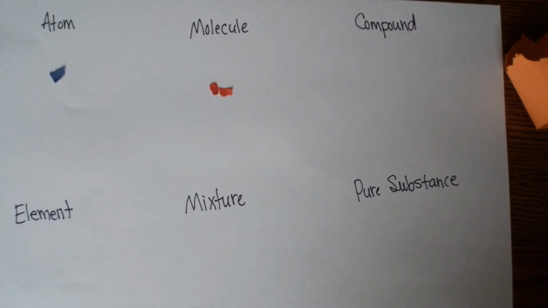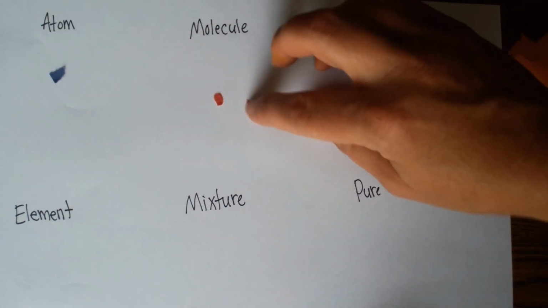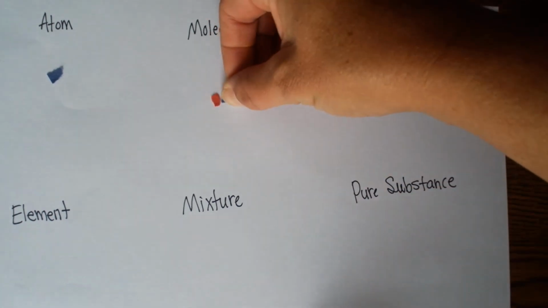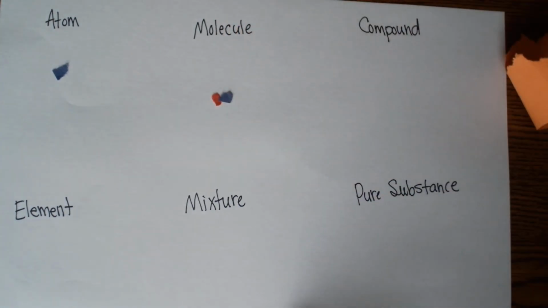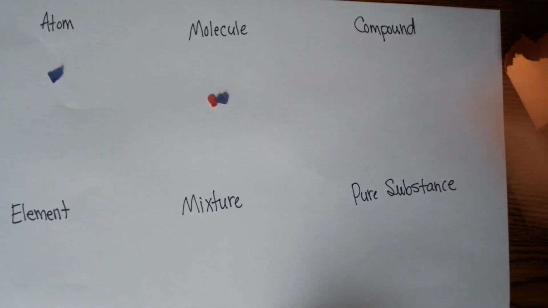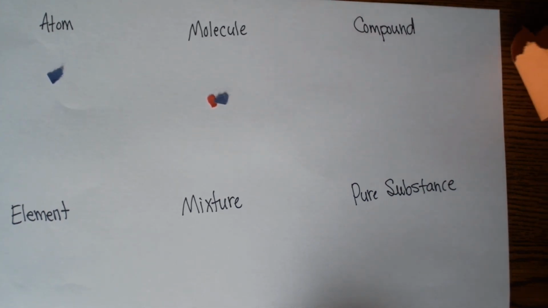Why would that be a molecule? Callie? Okay, it's two bonded together. All right. Would this be a molecule? So that's a blue and a red. Yeah, this is a molecule because it's any two. So I could leave that.